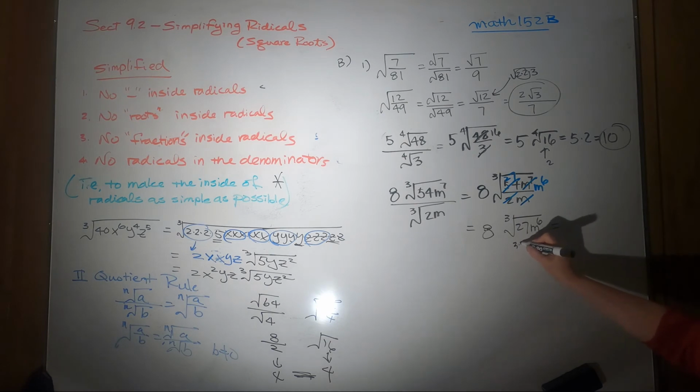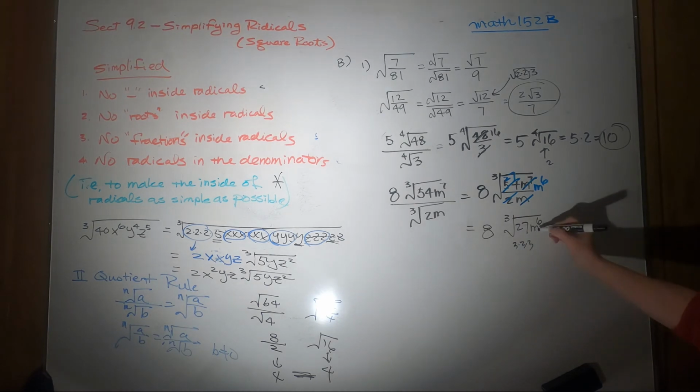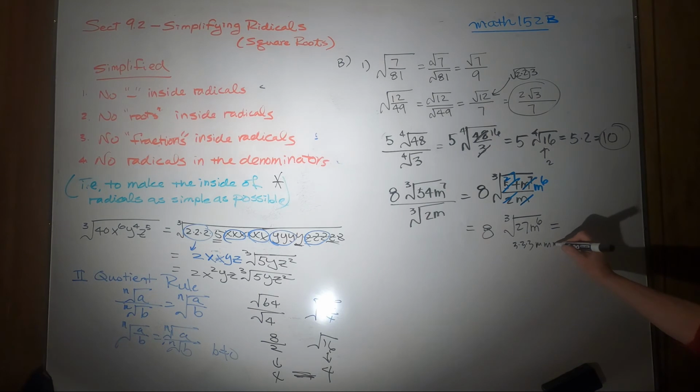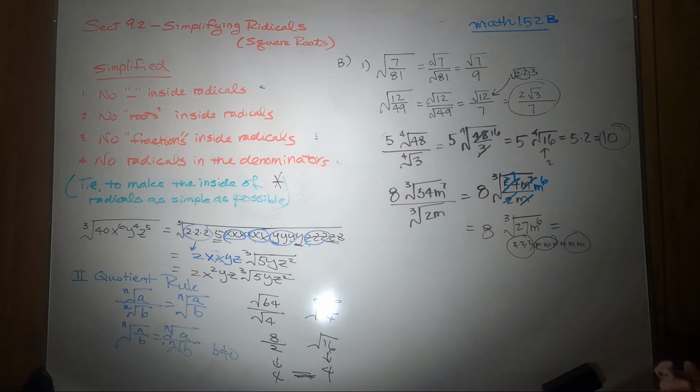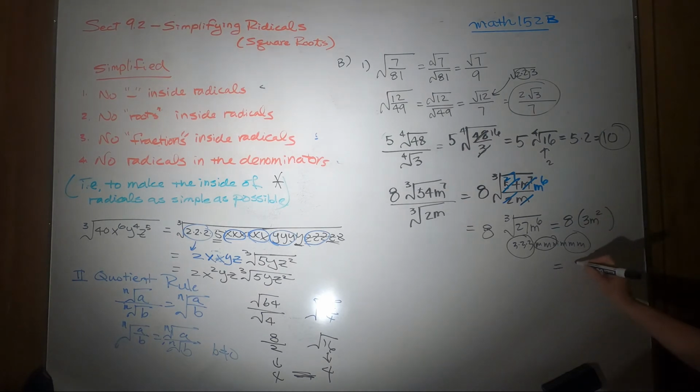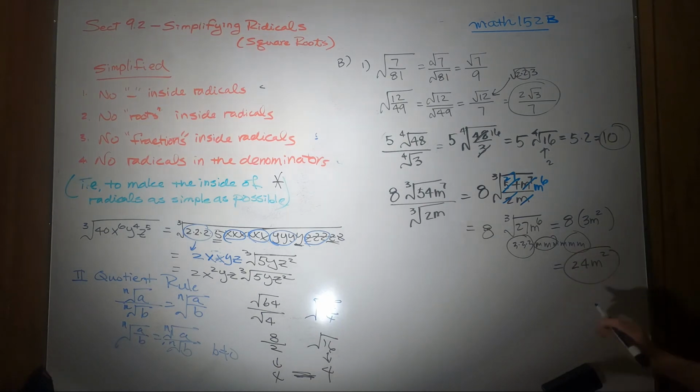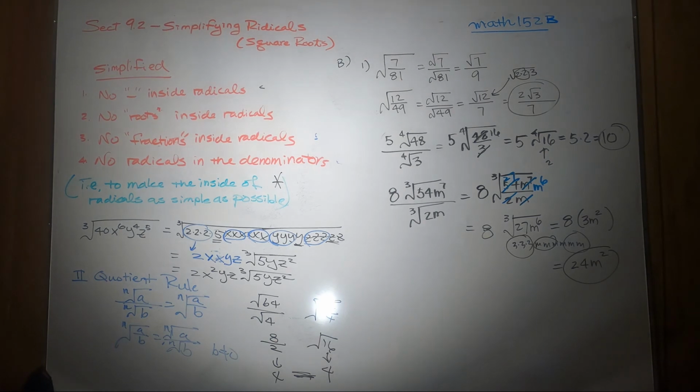This is 3 times 3 times 3, right? This is 6 of them. Then every triplet, you can put them out. So that will be what? That one will be 3m squared, right? Then, so you will write your answer as what? 24m squared. That would be the simplest form.